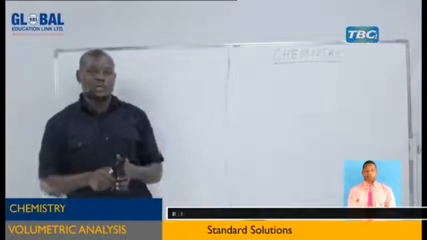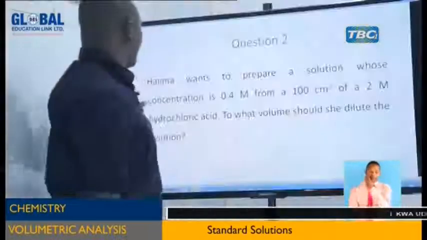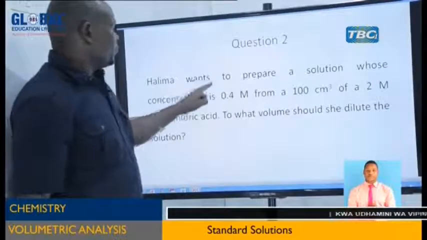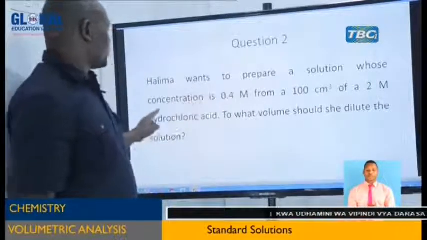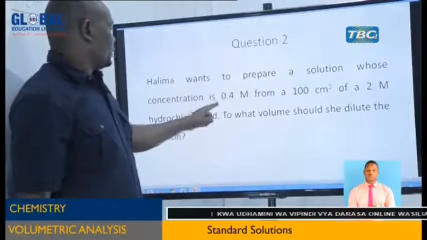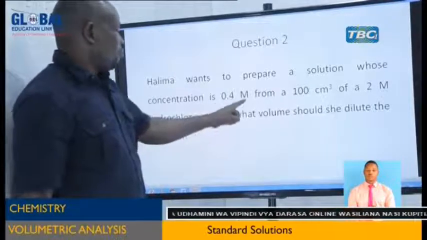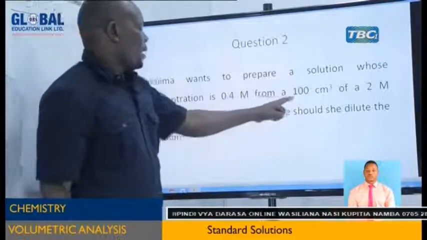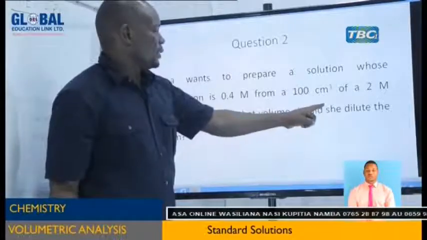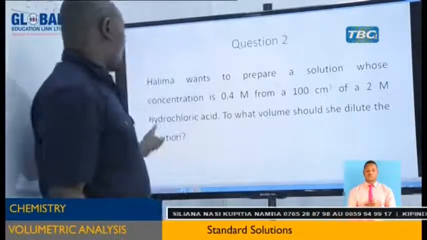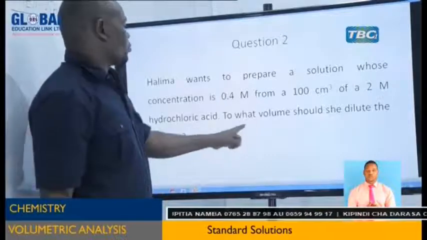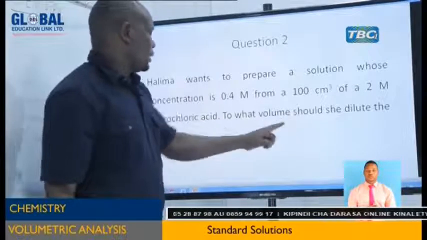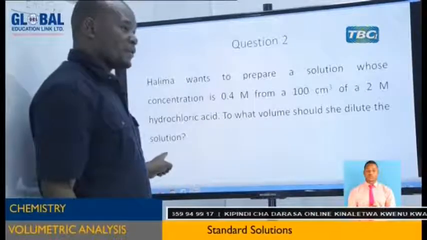Question number 2, my dear students, is that Halima wants to prepare a solution whose concentration is 0.4 mole from 100 cubic centimeter of a 2 mole hydrochloric acid. To what volume should she dilute the solution?